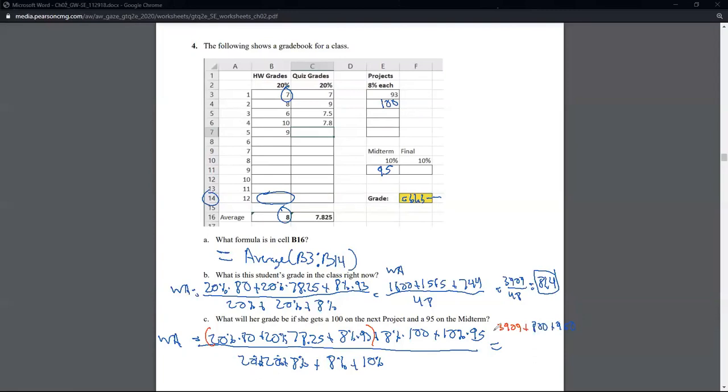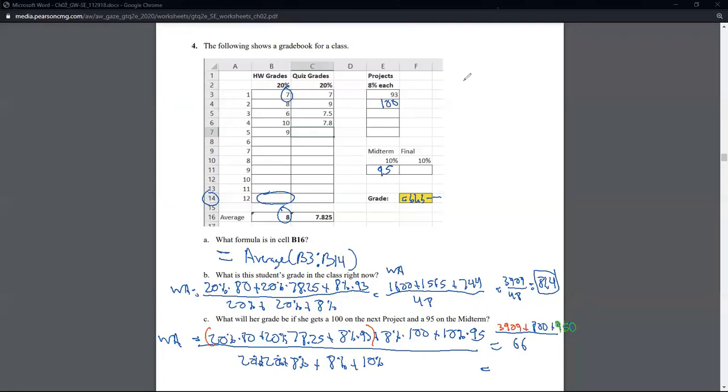Then divided by, the bottom was 48, plus another 8 is 56, plus 10 is 66. So again, that's 3909 plus 800 plus 950. There, that looks a little better.